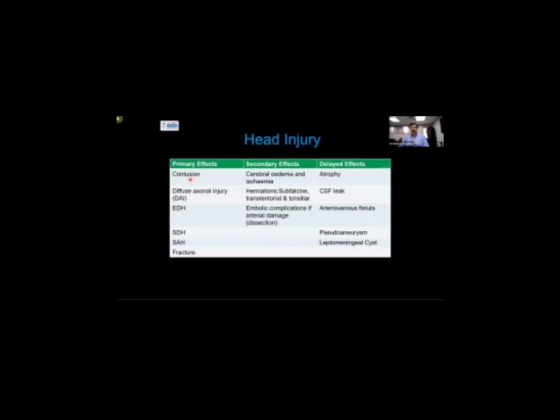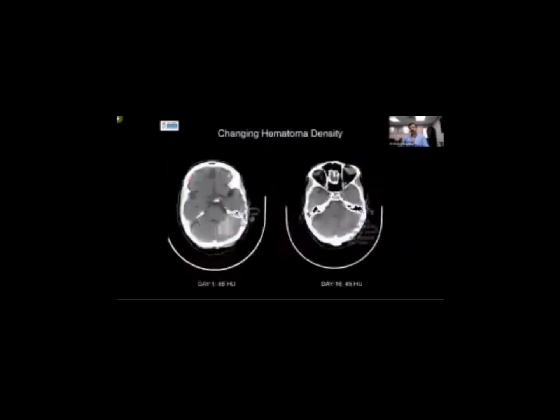The edema will be low density. And then there is a concept of hemorrhagic contusion in which there will be hemorrhagic foci. So in the context of trauma, the correct terminology to be used is hemorrhagic contusion. Don't use the word intraparenchymal hemorrhage. There is no concept of getting an intraparenchymal hemorrhage in acute trauma. So that was my point.